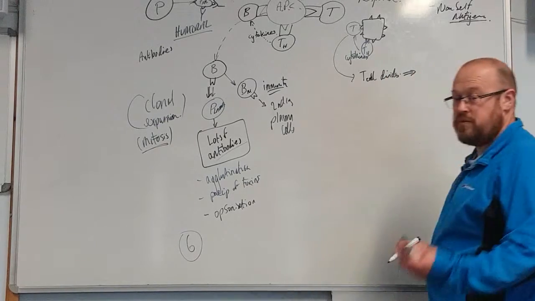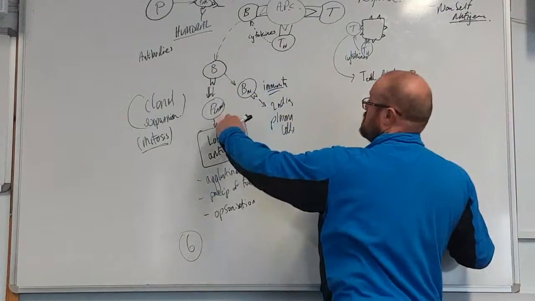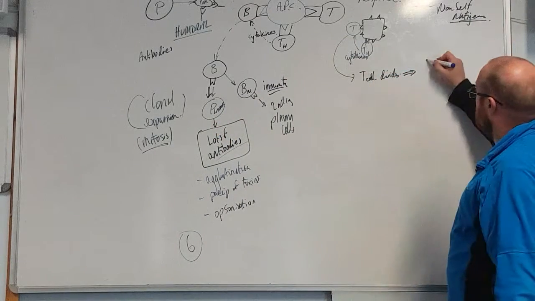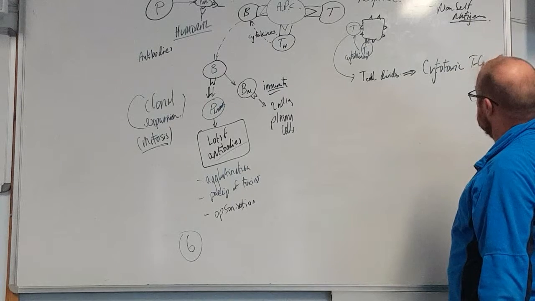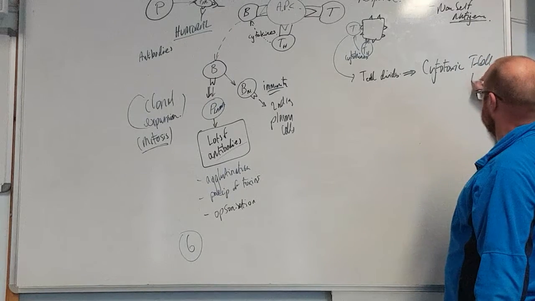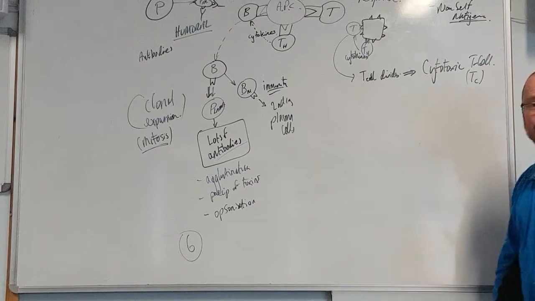So the T cell divides to form, and we've mentioned last time, B cells become plasma cells. These T cells will become cytotoxic T cells. We'll put a TC there for cytotoxic.